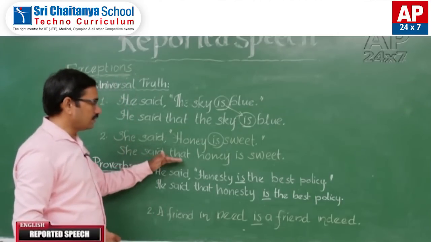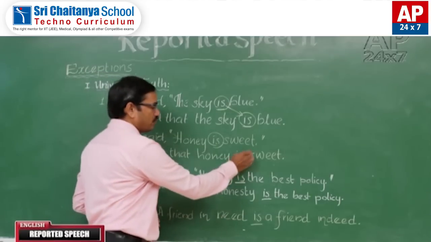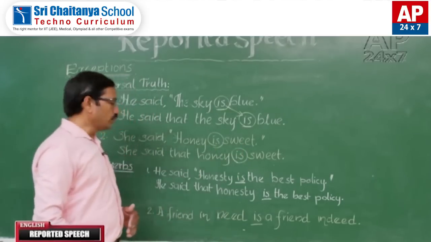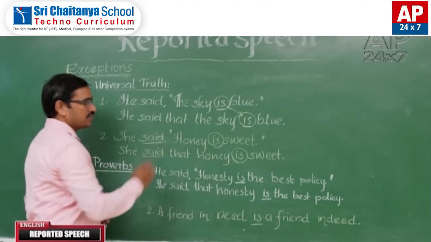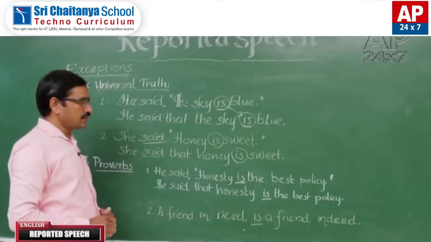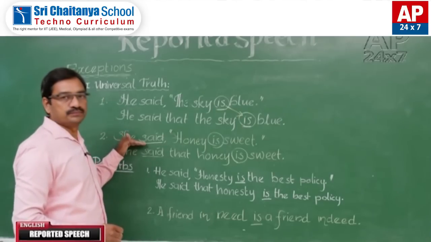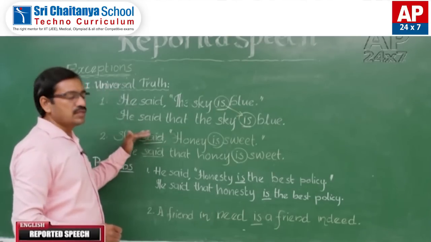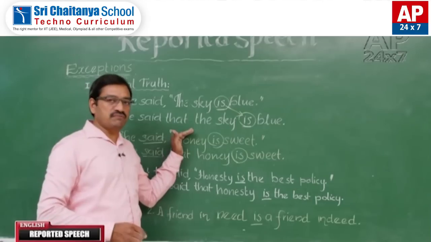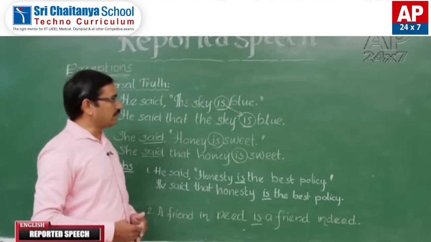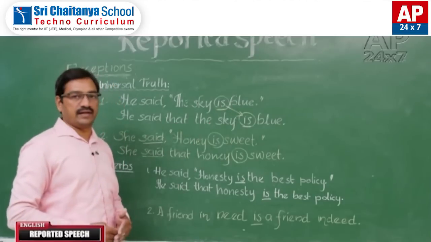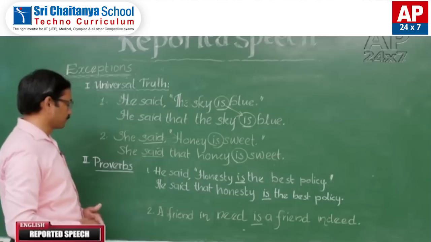She said that honey is sweet. We have not changed the tense though the reporting verb is said, because it is always true. It is a universal truth. So, for universal truths, we do not change the tenses. We have to retain the same tense form in the direct and indirect speech too.